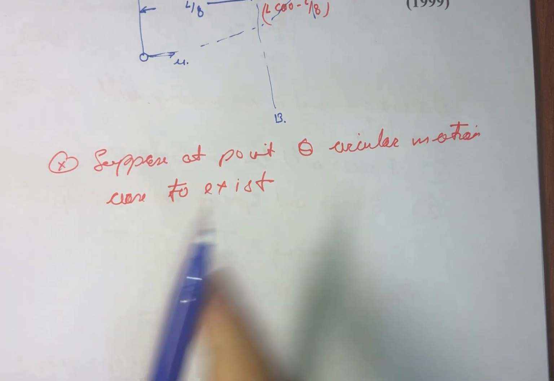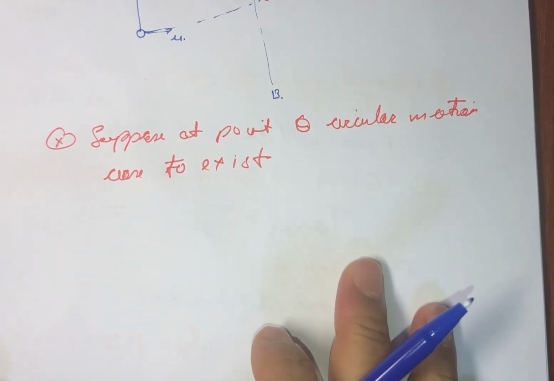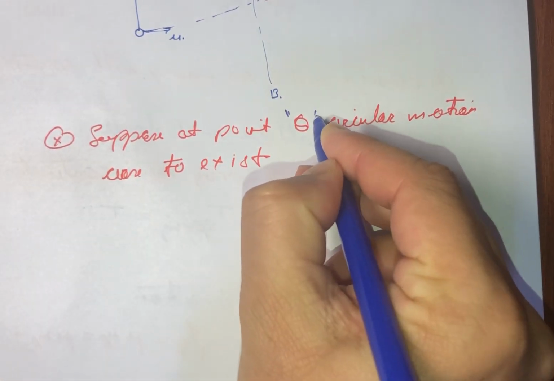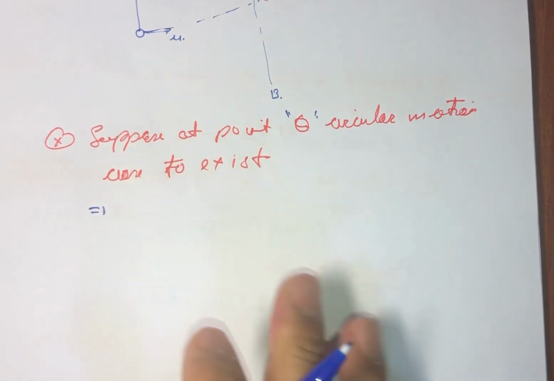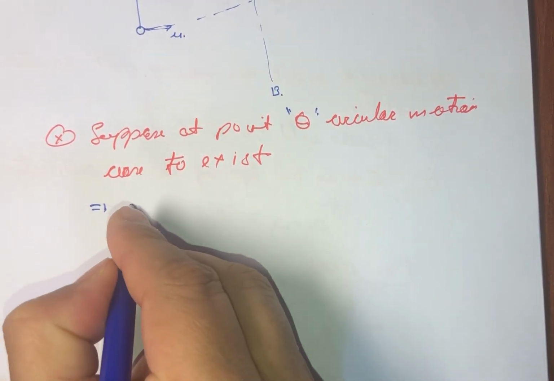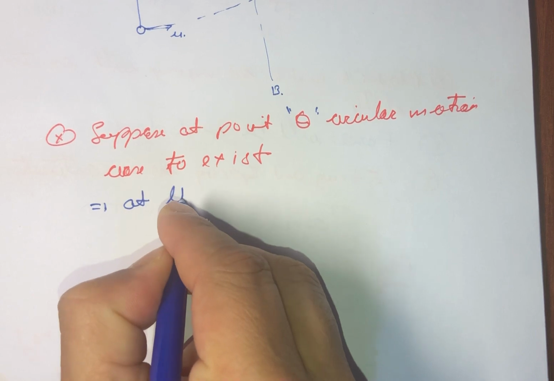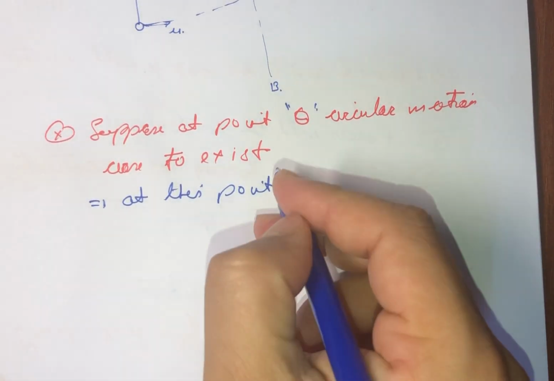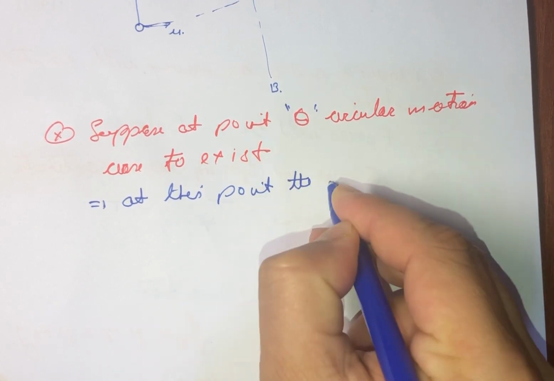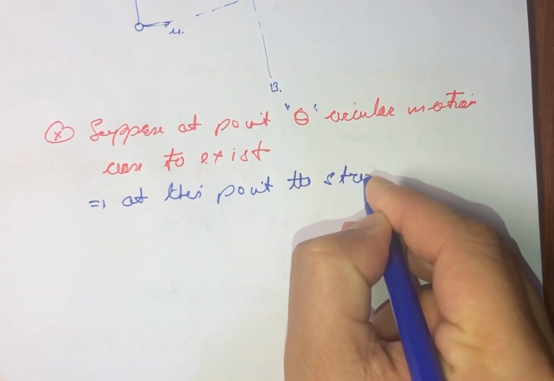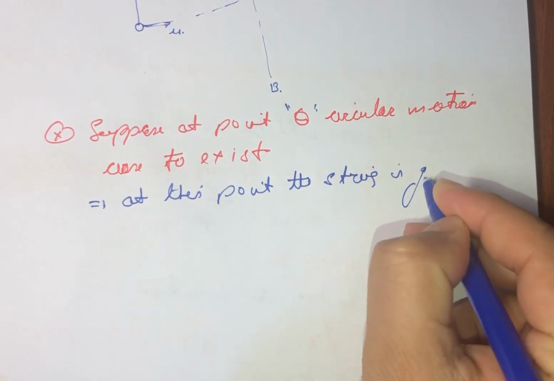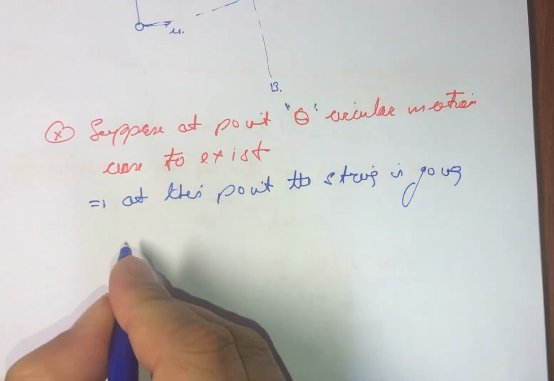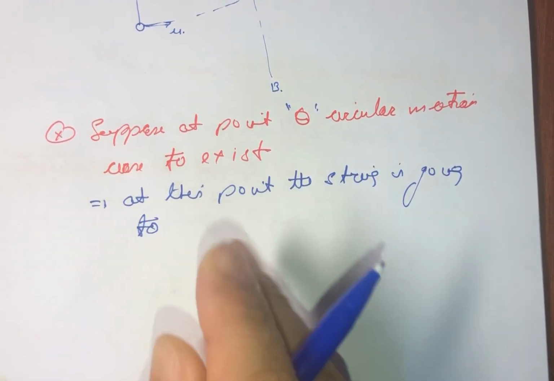As the circular motion ceases to exist, we can say that at this point the string is going to collapse.